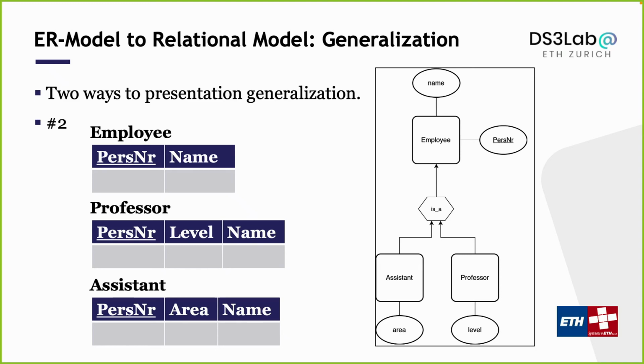It has an area, has personnel number as primary key, and also because assistant is an employee, it also has a name. And then for all the employees who are not assistants and not professors, I have another table, only storing their personnel number and name. I can also do this. That makes sense.